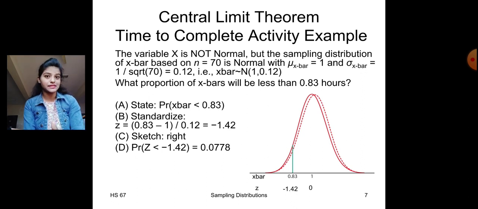As we discussed in the last slide, this formula is used when x is not normal. Here n is 70, so there is a larger sample size, and we are taking more persons, so we will use the formula which we discussed lately.